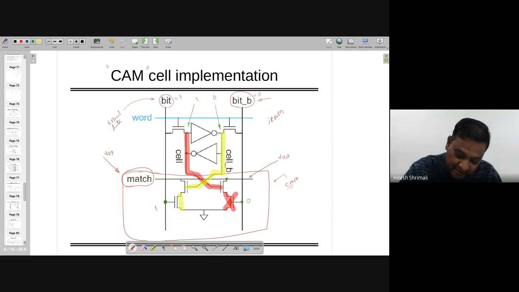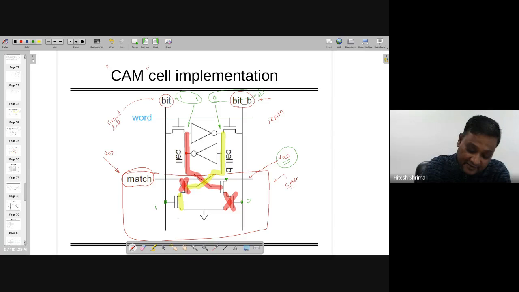This 0 is going here, and because of that, this line does not change from VDD. It remains at VDD, and that is what we wanted. Look, if it goes to 0, it means it does not match. You look here, this one and this one are matching, and this 0 and this 0 are matching. That's why these things are happening.